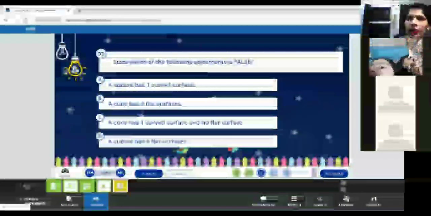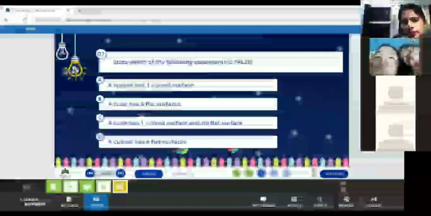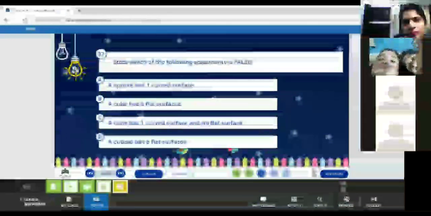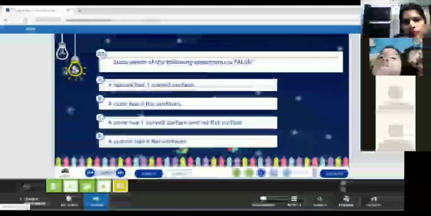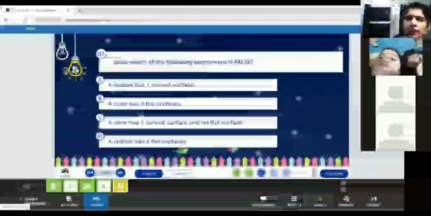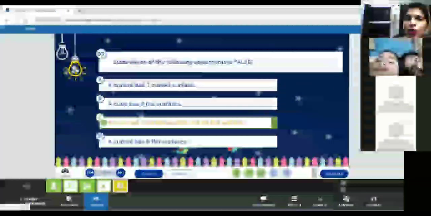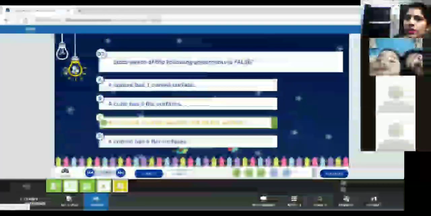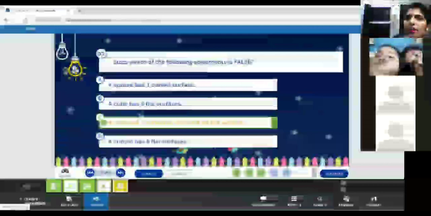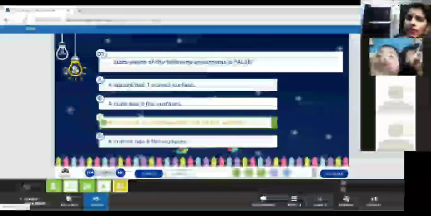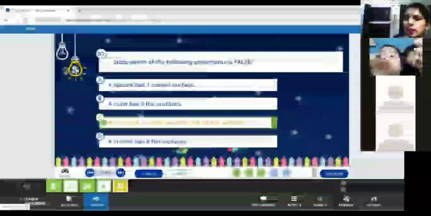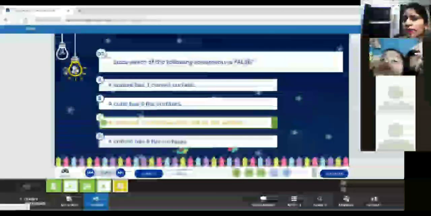Take your time and choose the correct option. So the correct answer is, a cone has one curved surface and no flat surface. Why is this statement false? Because just now we have seen that a cone has one curved surface and one flat surface.